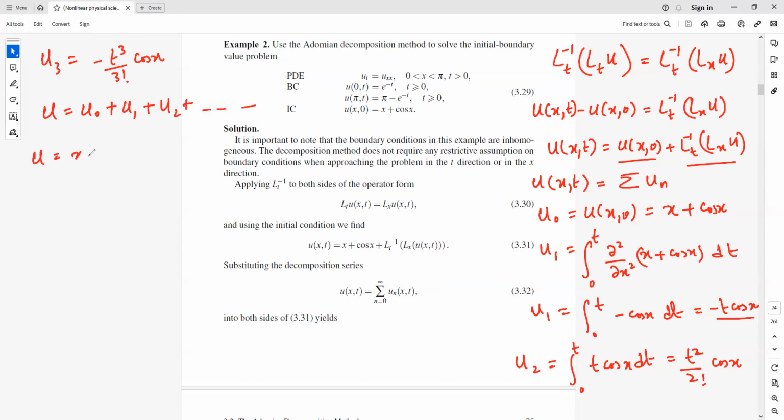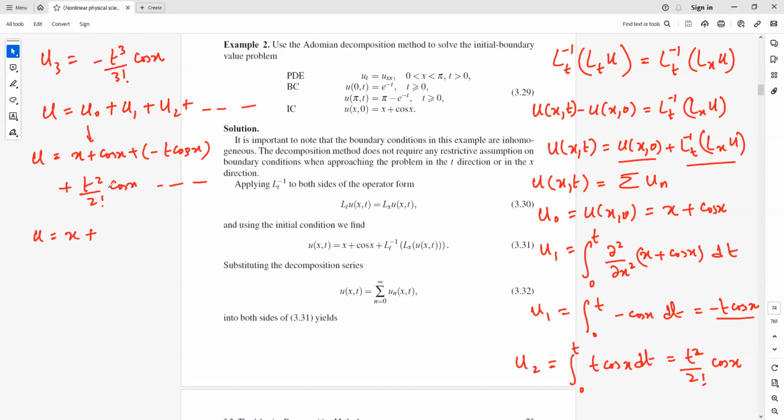So this will be x plus cosine x, that is the u0 term. Then the u1 term is negative t cosine x. Then we have positive t squared over 2 factorial cosine x, and so on.